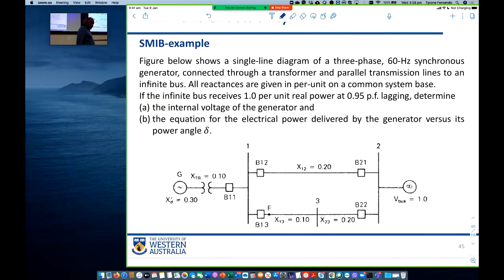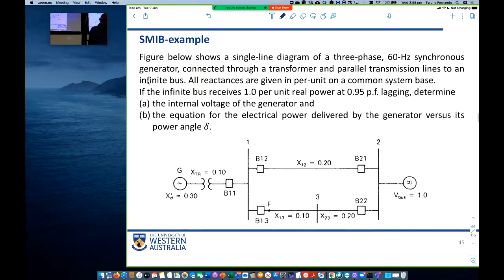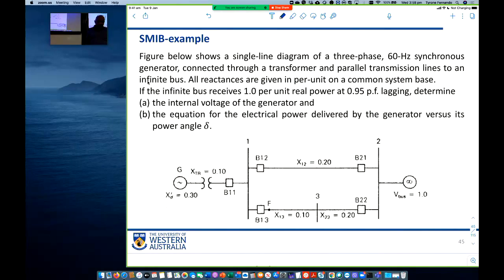Single machine infinite bus example. The figure below shows a single line diagram of a 3-phase 60 Hz synchronous generator connected through a transformer and parallel transmission lines to an infinite bus on the right. That's the infinite bus. All reactances are given in per unit on a common system base.